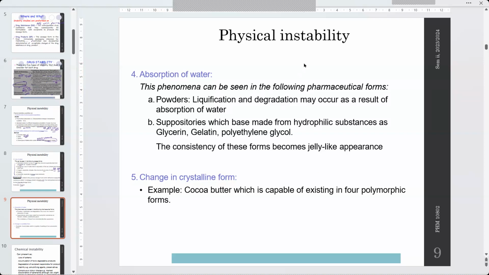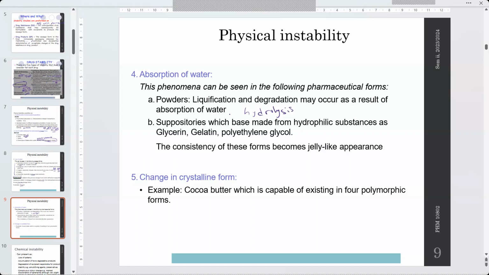Reactions don't happen easily in a dry environment. If it is a solid form of the active ingredient, then degradation is very little. But if you dissolve the same ingredient in water, in an aqueous medium, then it will degrade faster. Okay? So once they absorb water, degradation may occur as a result. Hydrolysis reaction will happen, so they may degrade mainly by hydrolysis.